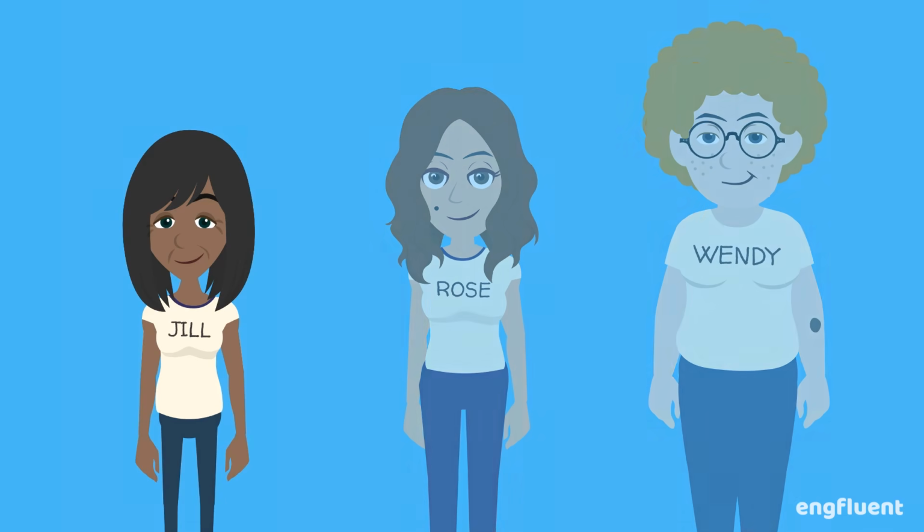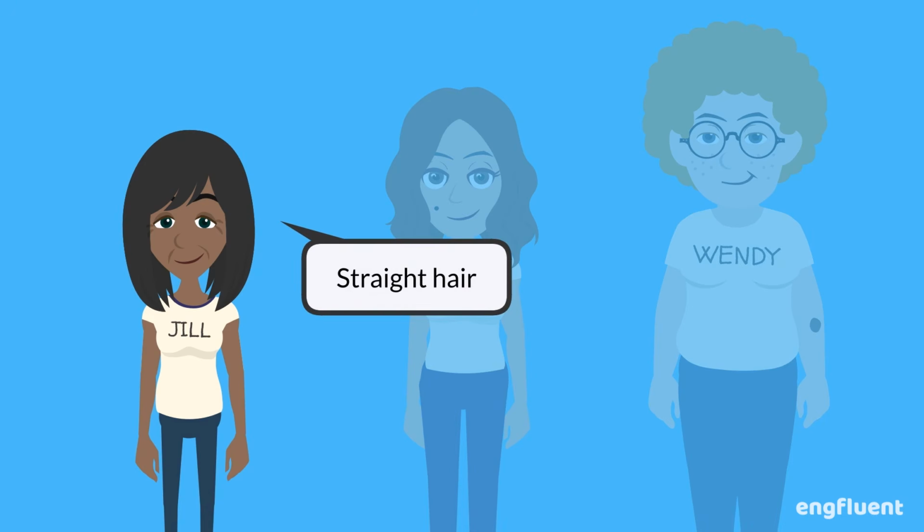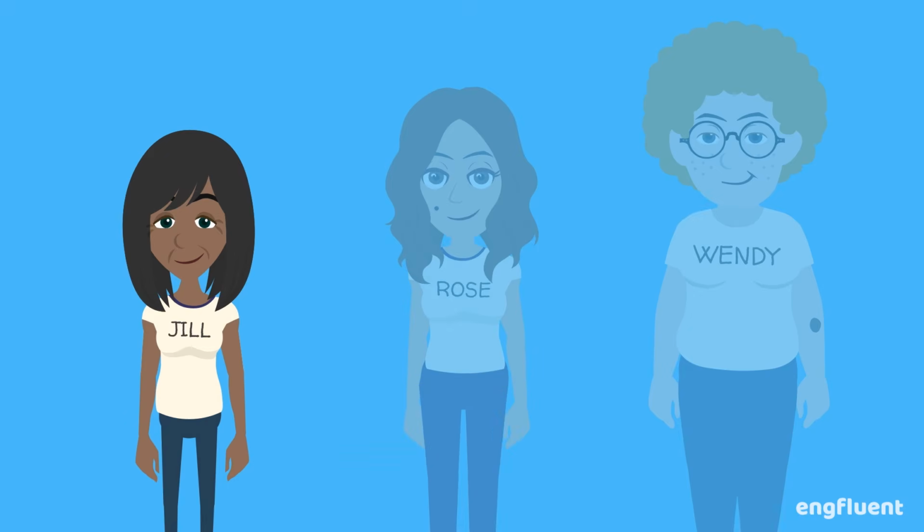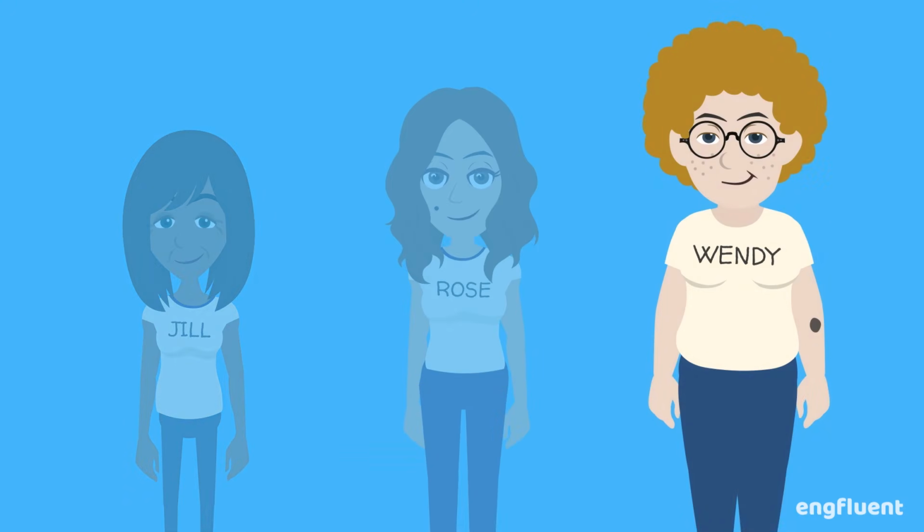First, let's take a look at Jill. Jill has straight black hair, which means her hair doesn't curl or wave like the other woman's hair. She's shorter and smaller than average, so we can say she has a small build. Next, we have Wendy.